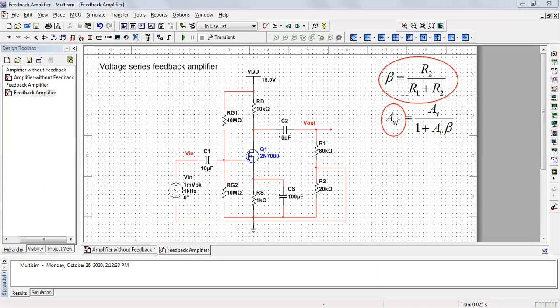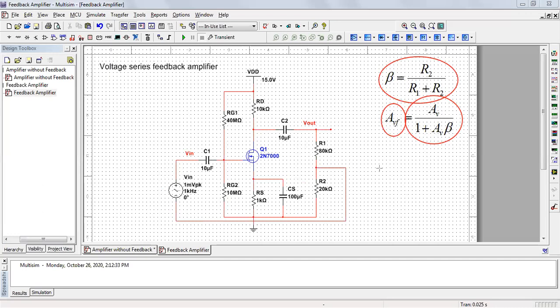This is the expression for the feedback voltage gain, the new voltage gain value with feedback. Here AV is the open loop voltage gain, clear?